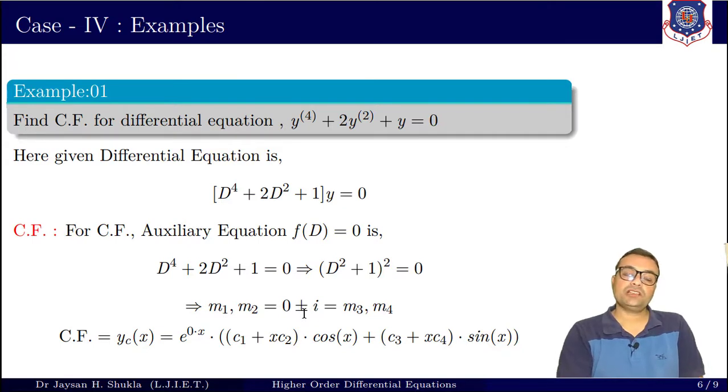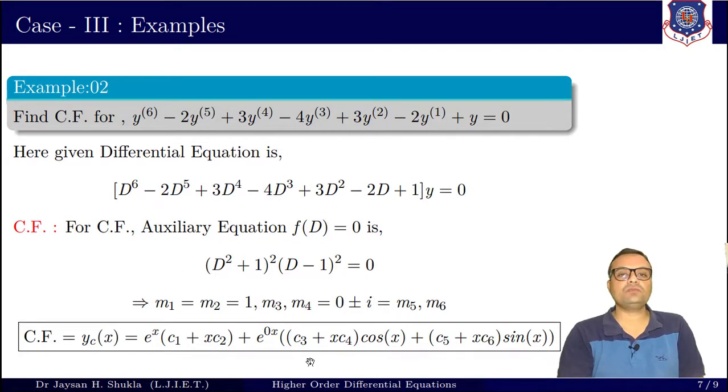This is the situation where complex roots are repeated. So I am taking alpha equal to 0 for the exponential function, beta equal to 1 with cos and sine, and I am considering the repeated case. So it gives me c1 plus x c2, c3 plus x c4. This is how you should consider repeated complex roots.